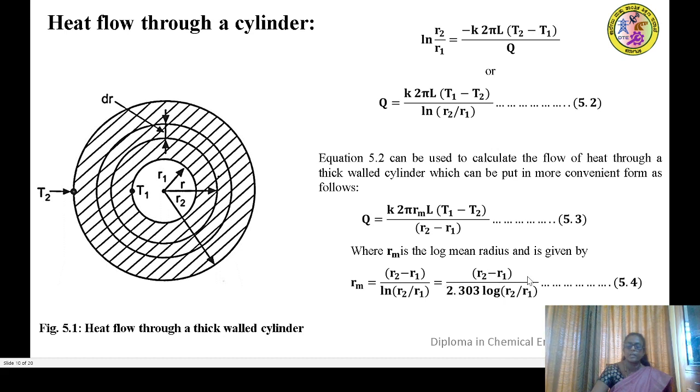We can write this down as divided by 2.303 log R2 by R1, or simply R2 minus R1 divided by ln R2 by R1. So let this equation be 5.4. So as I told you, AM 2 pi RML can be written as AM, the logarithmic mean area.